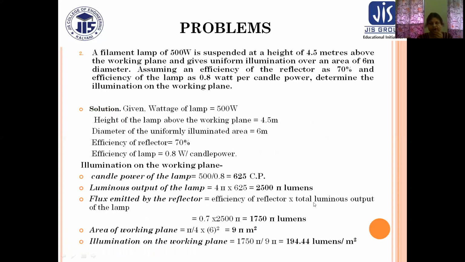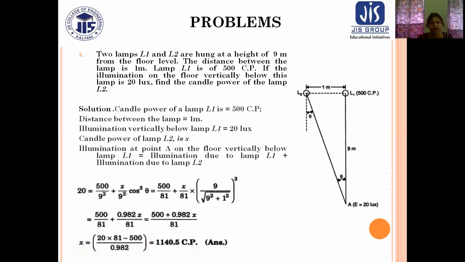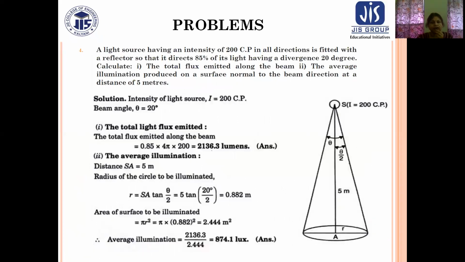Next, question number 4. A light source having an intensity of 200 Cp in all directions is fitted with a reflector so that it directs 85% of its light having a divergence of 20 degrees. Calculate, number 1, the total flux emitted along the beam.